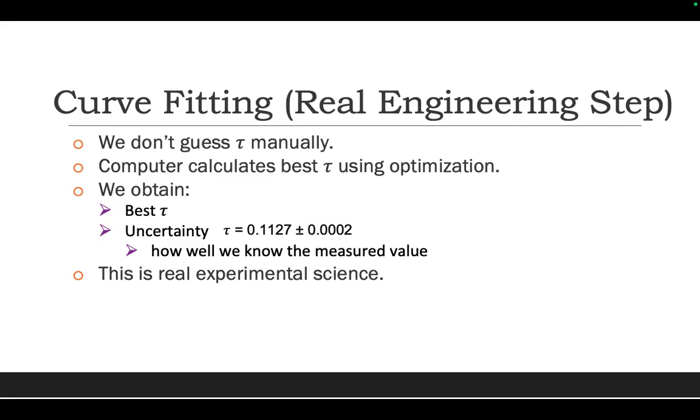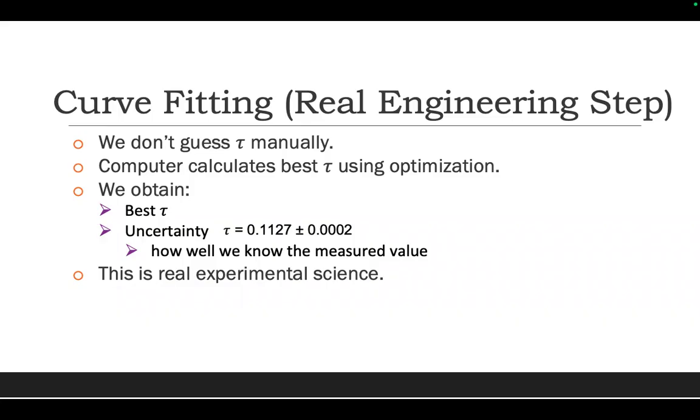Have you ever heard of optimization before? Like a linear fit, you have some data and you use those data to get some parameters. This is a kind of optimization, and we will use something similar. We will obtain the best tau.